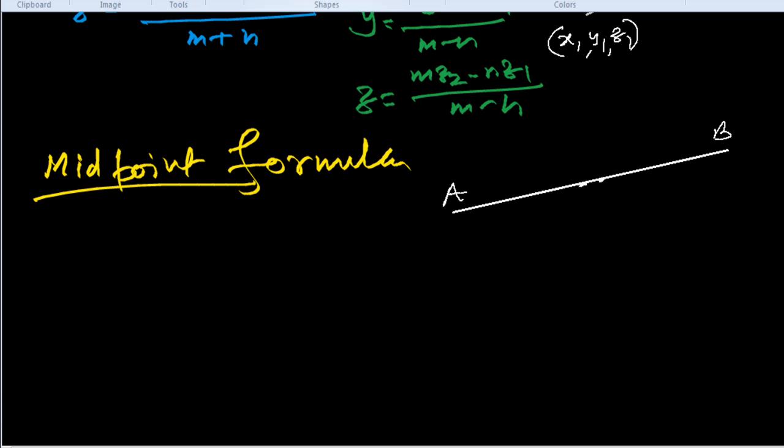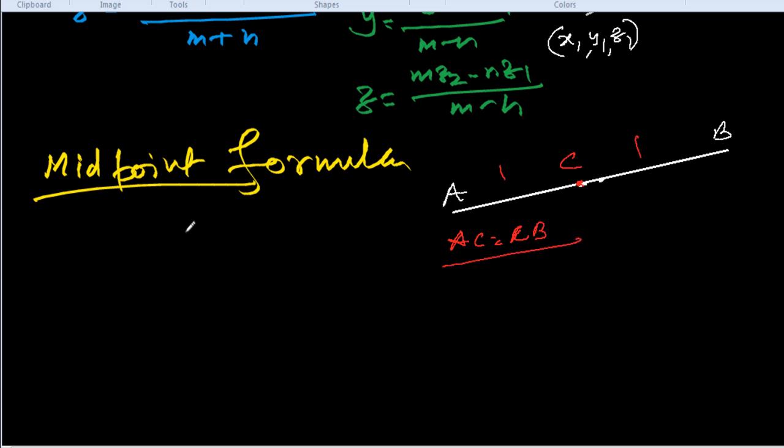I just changed the color. This is point C, which divides AB in the same ratio, 1:1. It is the midpoint of AB. AC is equal to CB. So this ratio is 1:1 now.